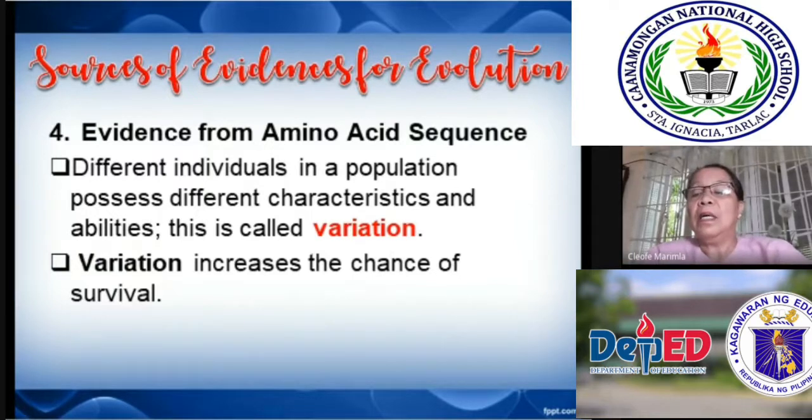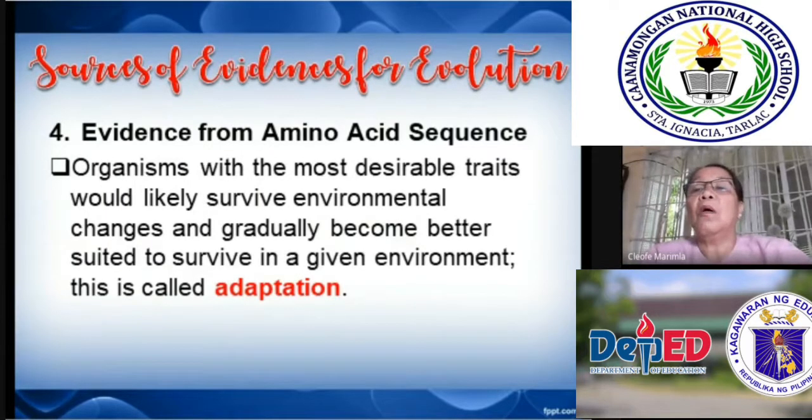Thus, the variation increases. Organisms with the most desirable traits would likely survive environmental changes and gradually become better suited to survive in a given environment. This is called adaptation.